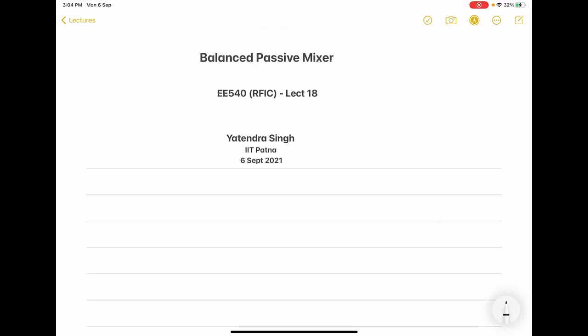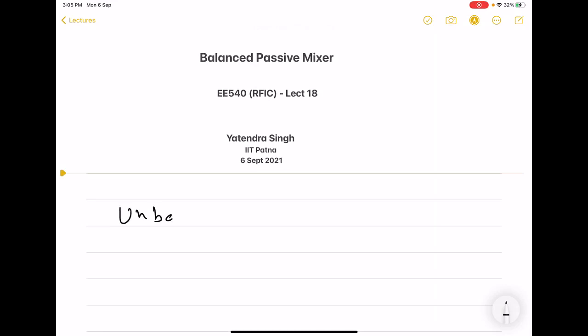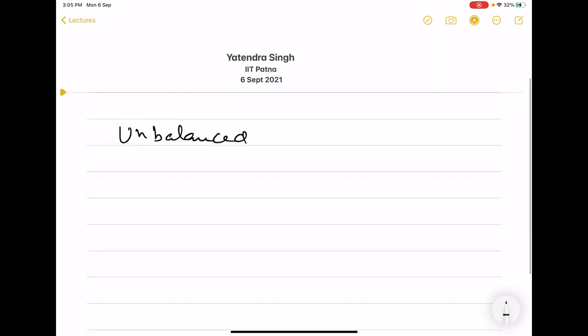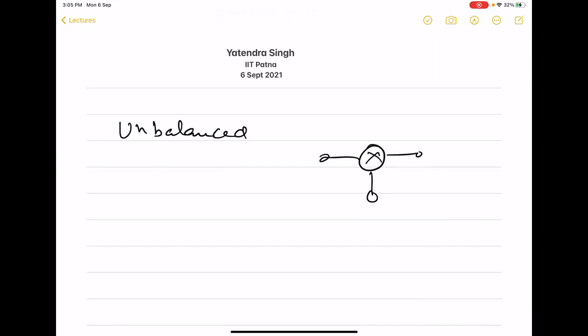So this mixer that we are going to discuss today, balanced passive mixer and subsequent mixer, they will also be based on switches. So for the unbalanced case, there's only one single-ended node each for LO, RF, and output, which is also IF.